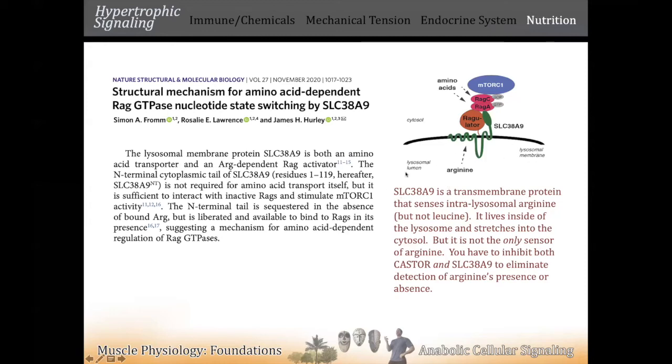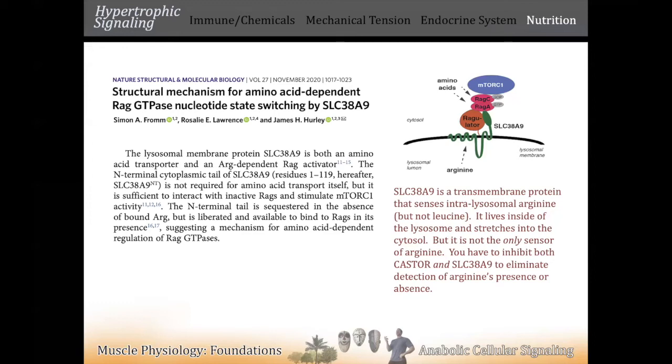This thing, which looks like an astronomer's star identification or a bad license plate, is a transmembrane protein, SLC38A9, horrible name.